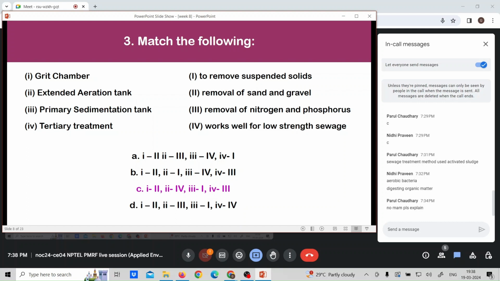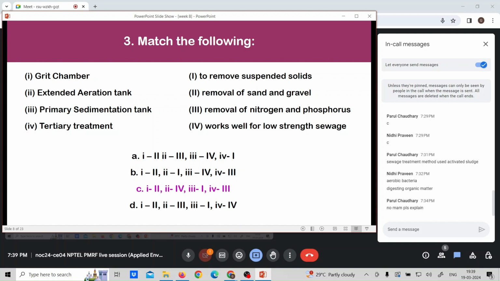There are many other modifications which are used for different applications. One of it is the extended aeration tank, where you will generally maintain a low food to biomass ratio and provide aeration for a longer period of time. You are going to have the treatment time a bit longer. So the cell is going to stay in a stationary phase of growth, and the removal of organic matter happens.